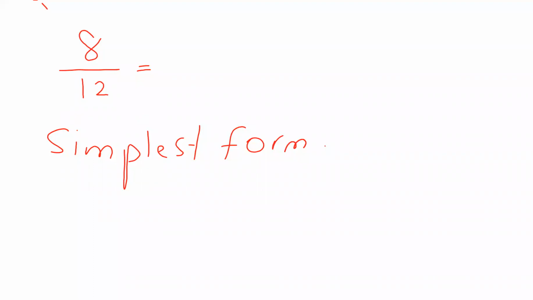Yusuf Wael, no, it's not right. Repeat your answer, please. Khadija, you got a right answer, but it's not the simplest.